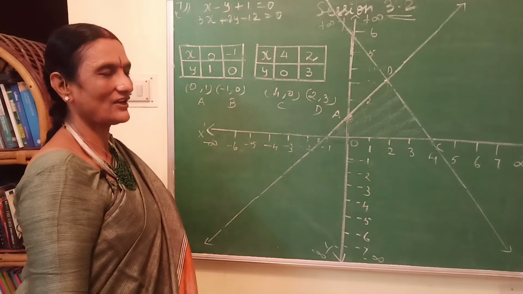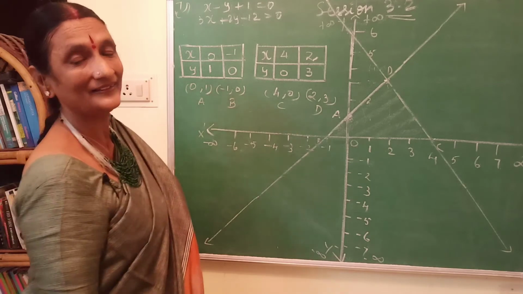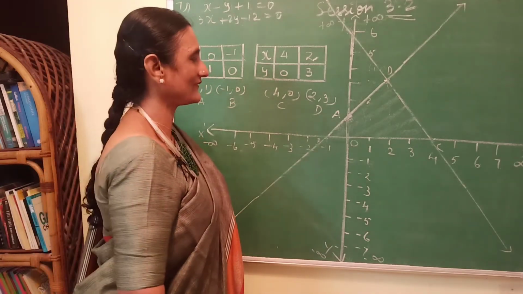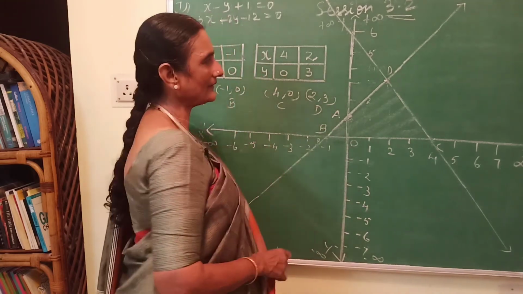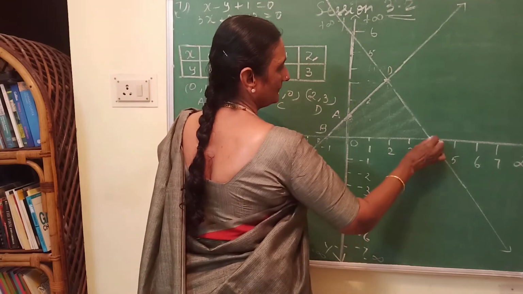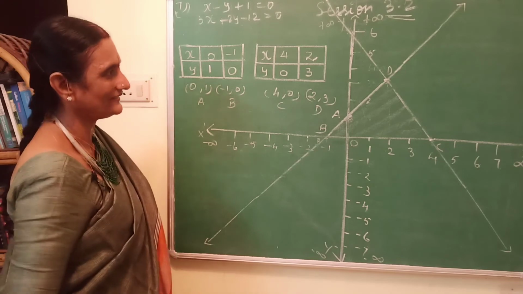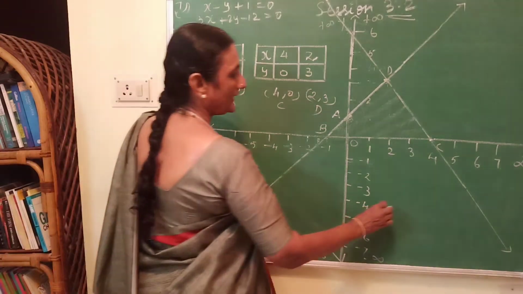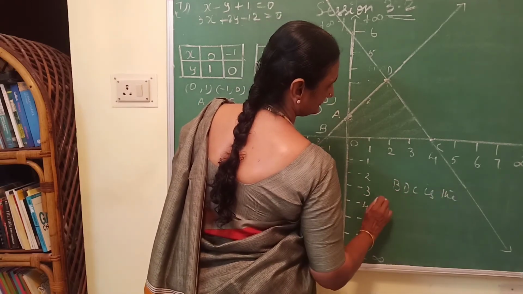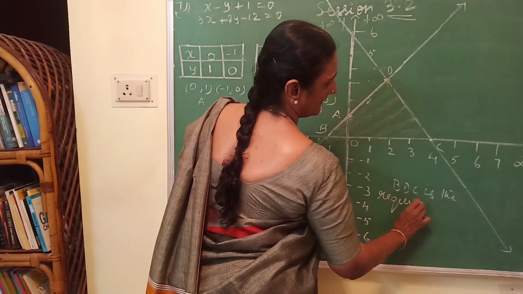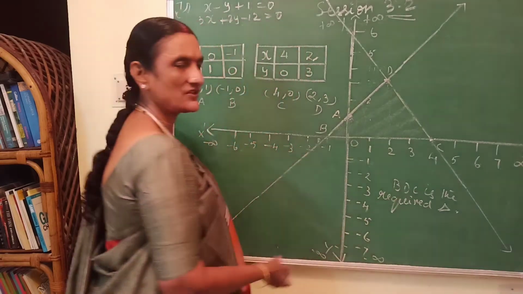Now next is you have to read the coordinates, or you have to find the coordinates of the vertices of the triangle. So this point is B in the original marking. This is D. This is C. So how to present your answer? You have to present the answer in this manner. Okay, BDC is the required triangle. In the required triangle which has been shaded.